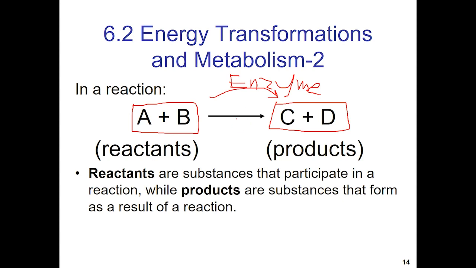All right, so a metabolic reaction is just a chemical reaction mediated by an enzyme. And so these reactants you can now call substrates. So substrates are reactants in a metabolic chemical reaction, or you could say a metabolic reaction. Or you can say a substrate is a reactant for an enzyme.